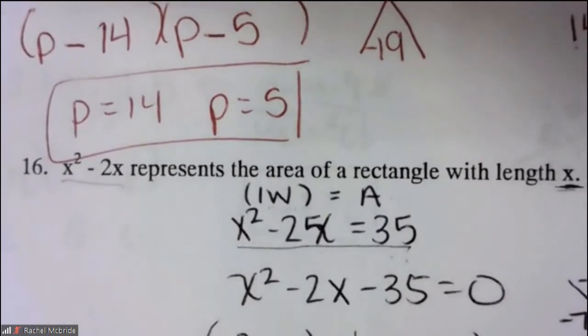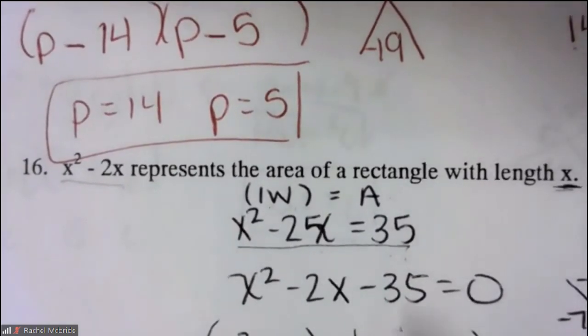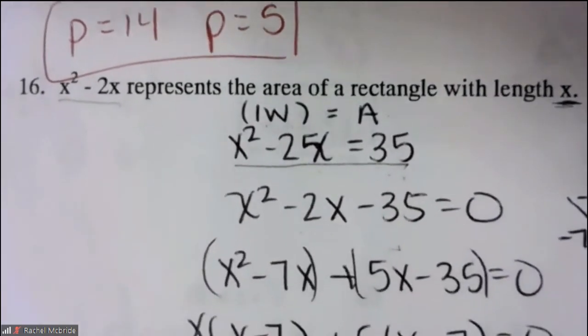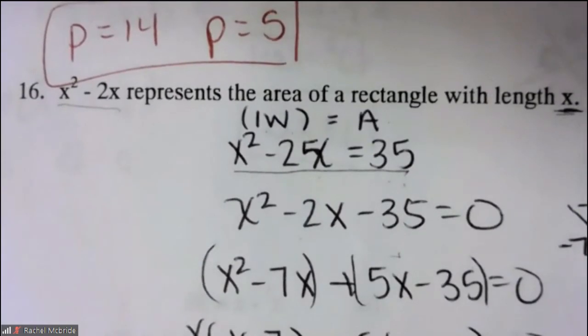So you needed two numbers that multiplied to negative 35 and added to negative 2. So two numbers multiply to negative 35 and add to negative 2. Maya? Perfect. So 5 and 7. But my 7 has to be negative since one is negative and one is positive. So I got negative 7 and positive 5.